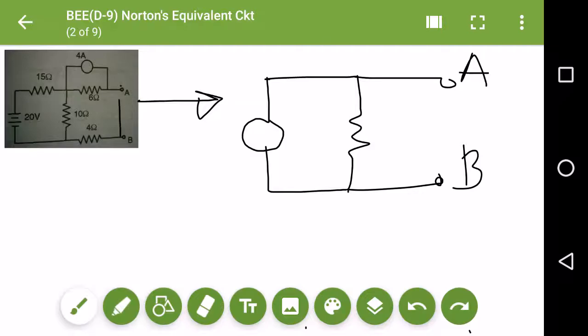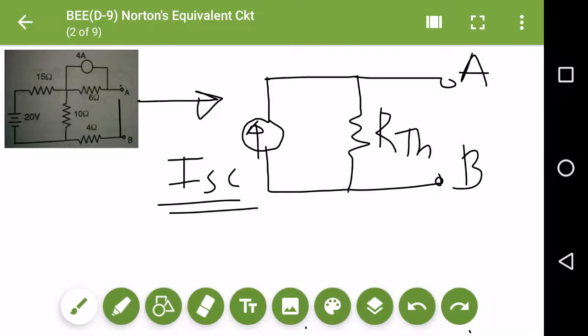This is the point across which I want to find the short circuit current source, that is ISC, and the total resistance, that is RTH. So I want to find these two values to construct a Norton equivalent circuit from this given circuit.